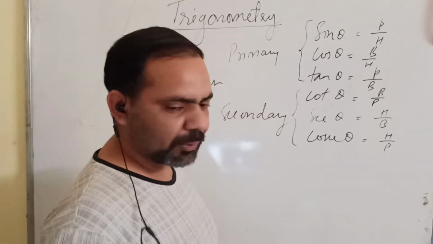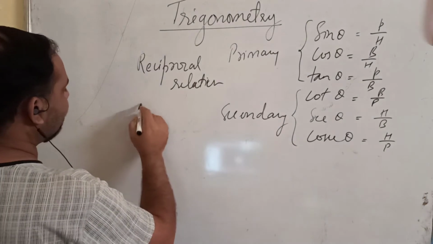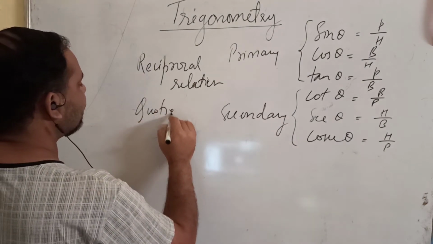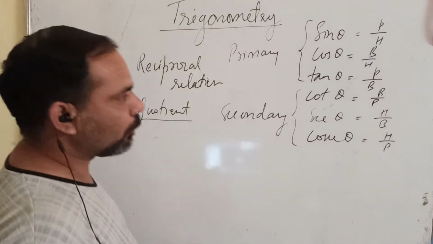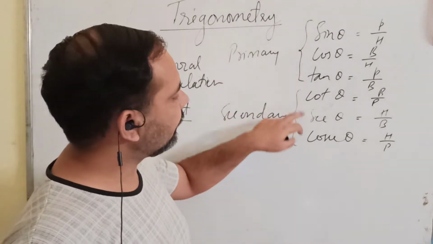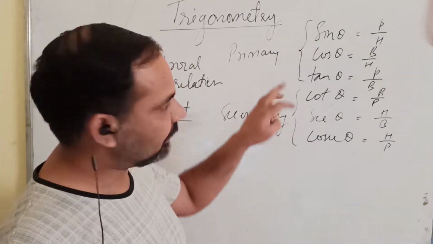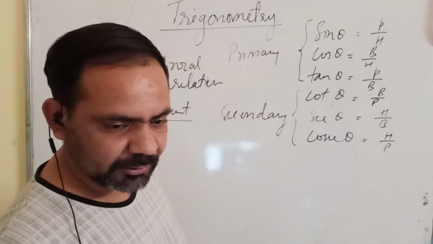Then other one is quotient relation. Quotient relation is sine theta upon cos theta is tan theta, and cos theta upon sine theta is cot theta.